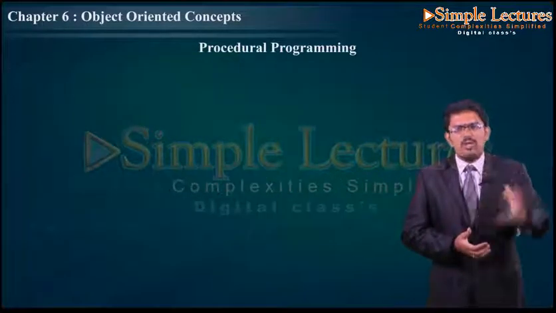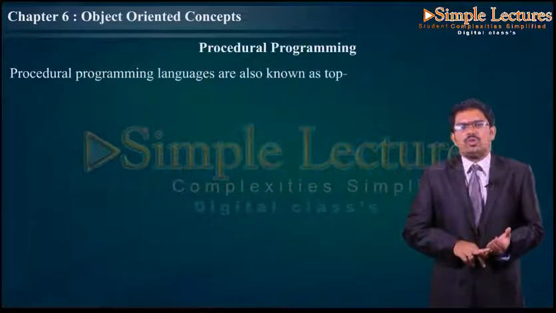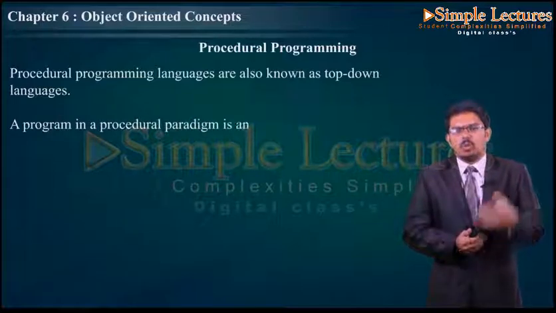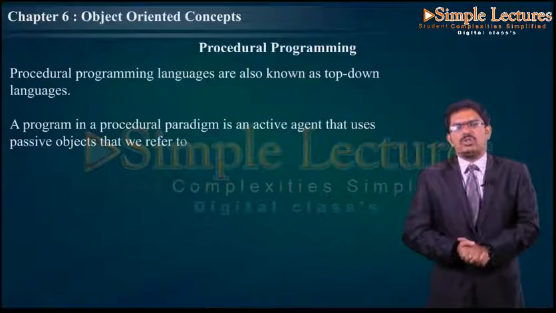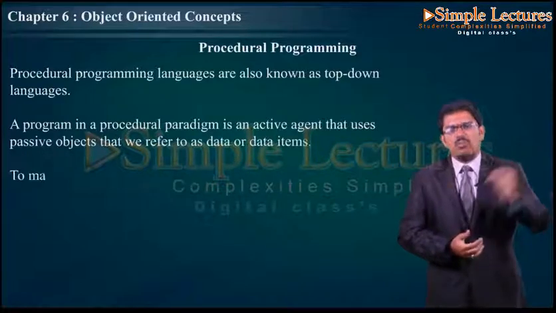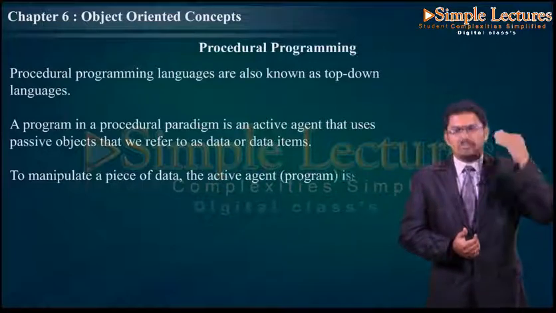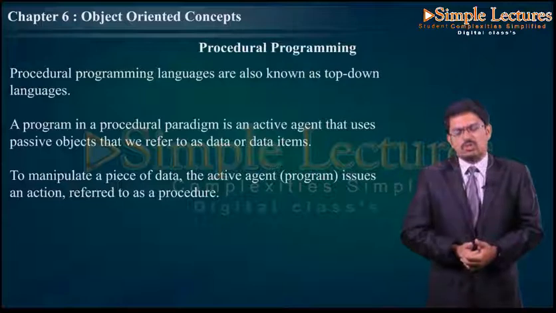This programming is also called top-down language, in which a program and subprograms are together referred to as data or data items. To manipulate a piece of data, the active agent, which is also called the program, issues an action referred to as a procedure.